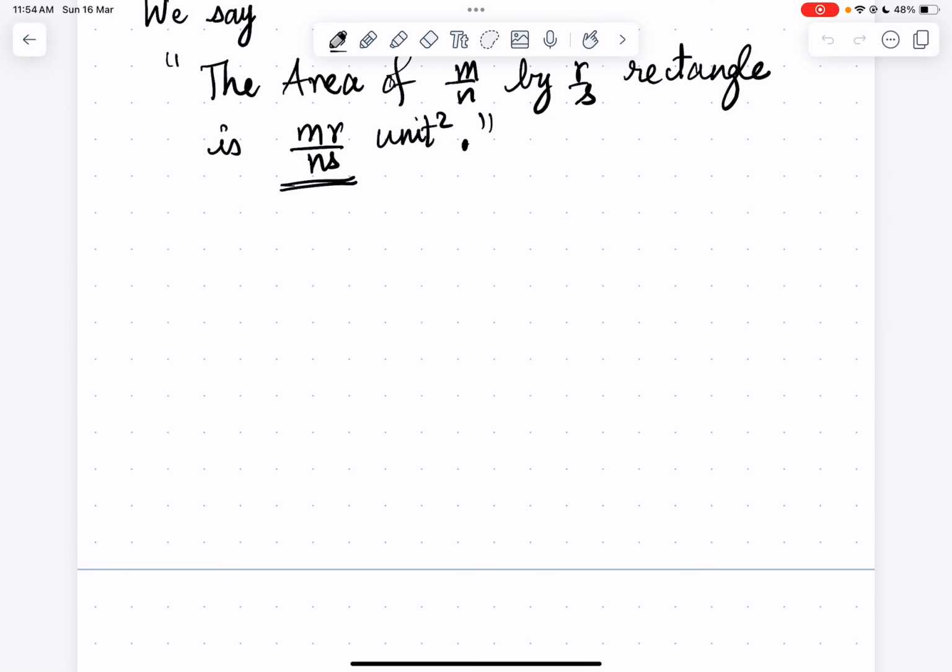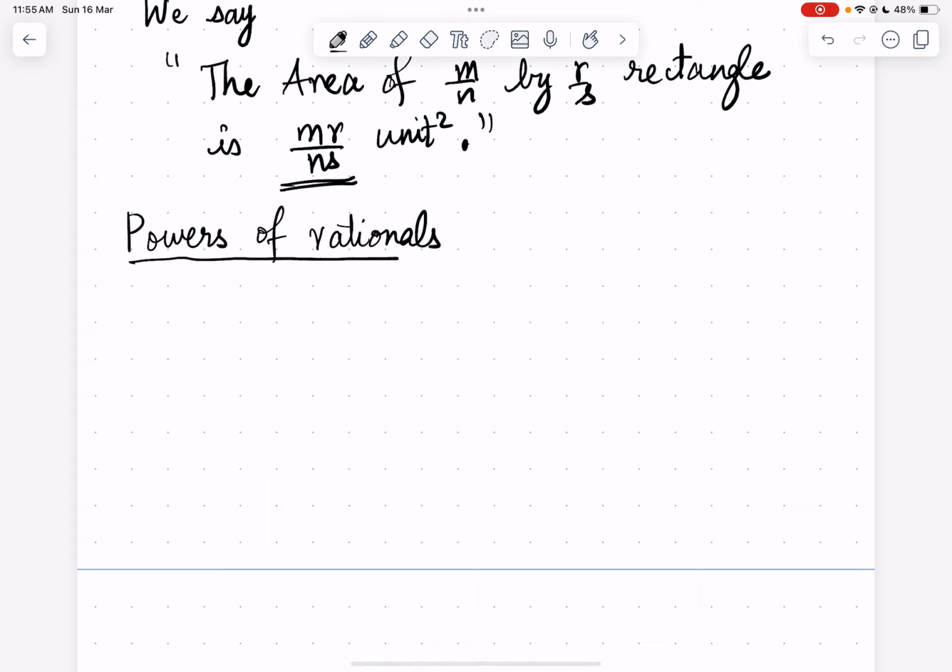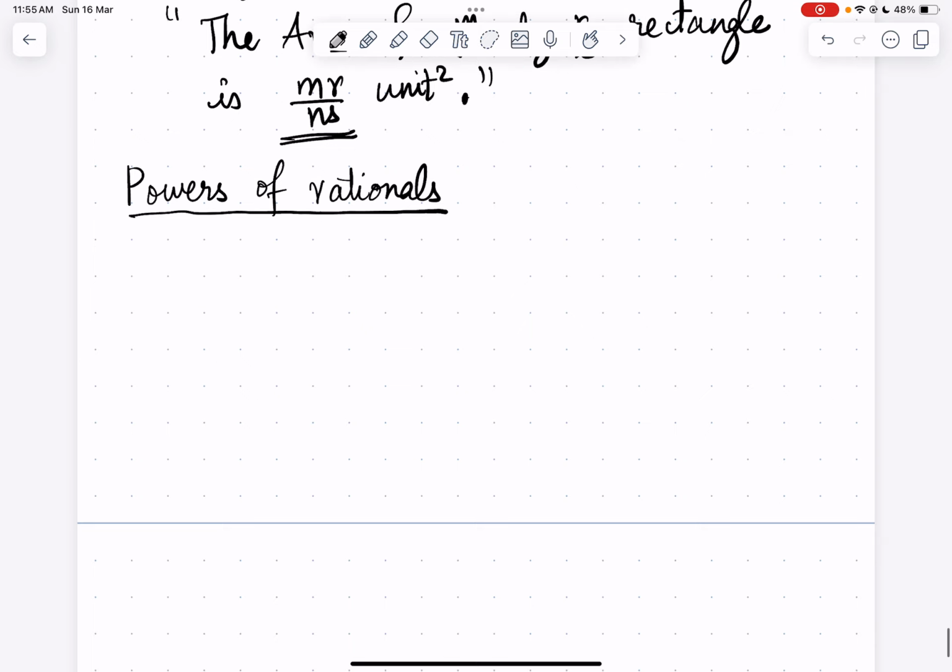Okay, let's continue. Powers of rationals. Consider a rational a.